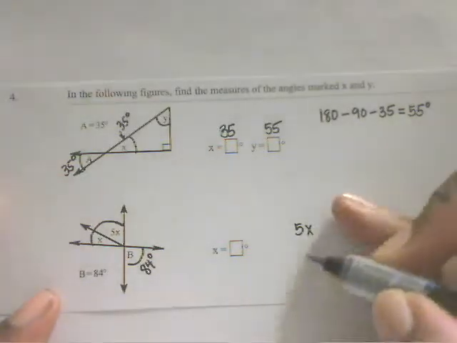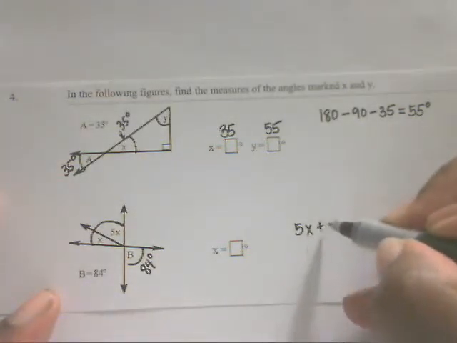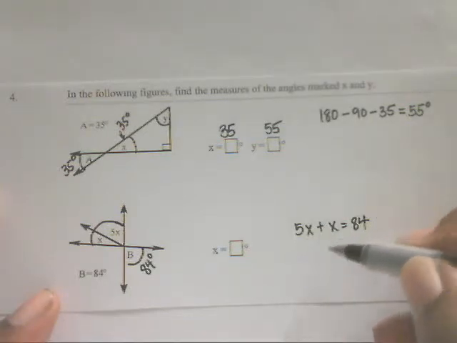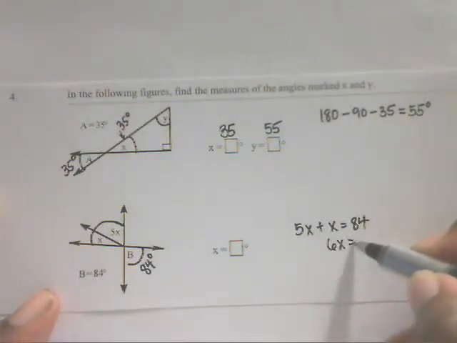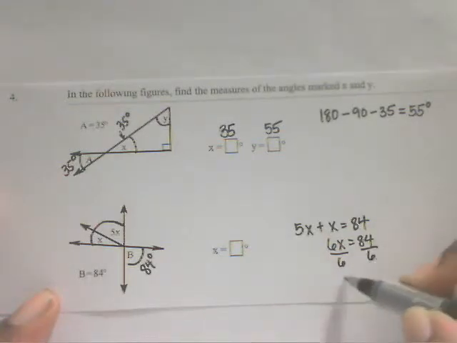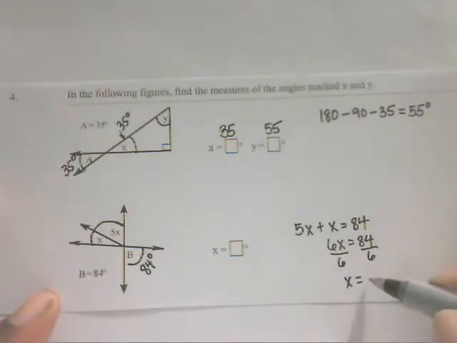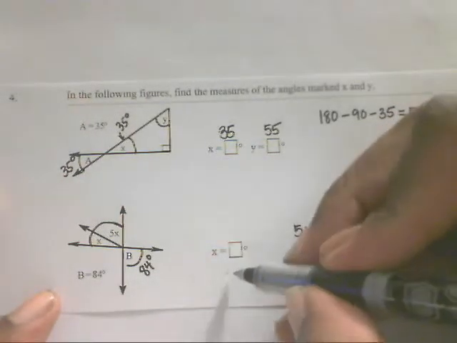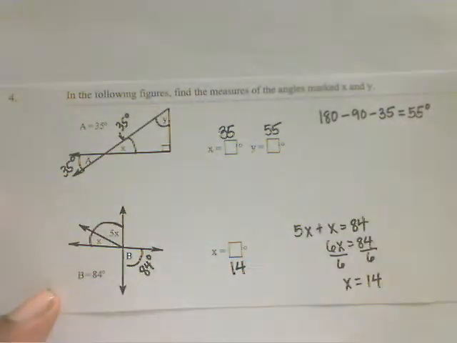So my equation is 5X plus X equals 84. 5X and 1X is 6X equals 84. Divide by 6. X is equal to 14. So X is equal to 14 degrees here.